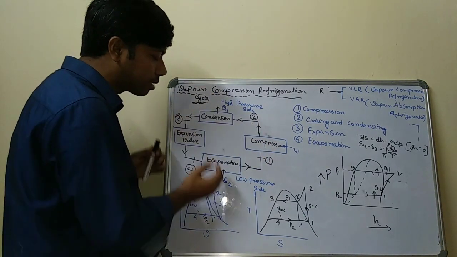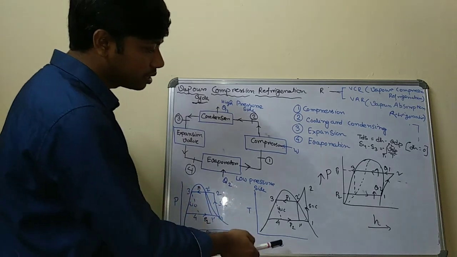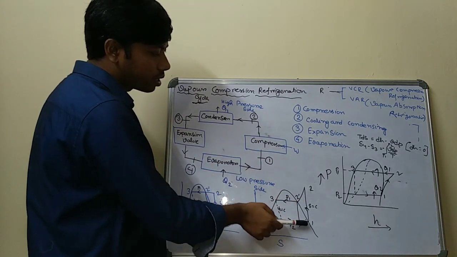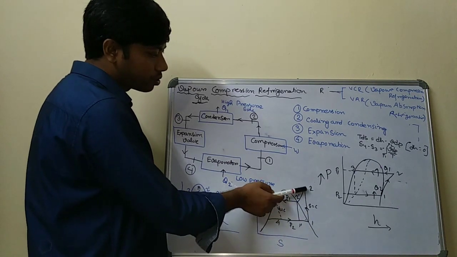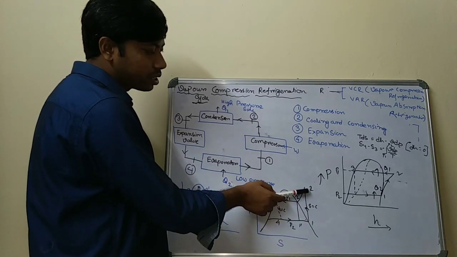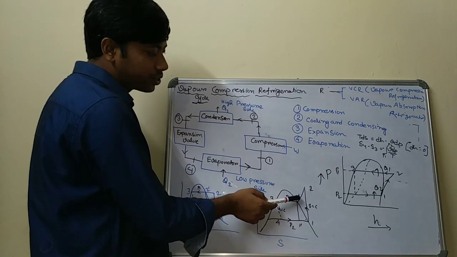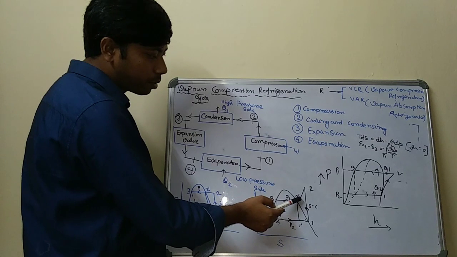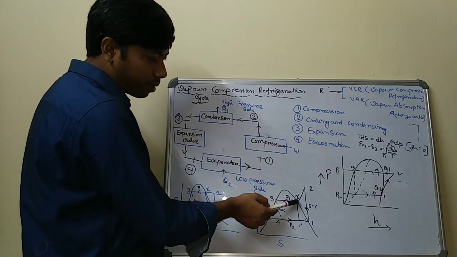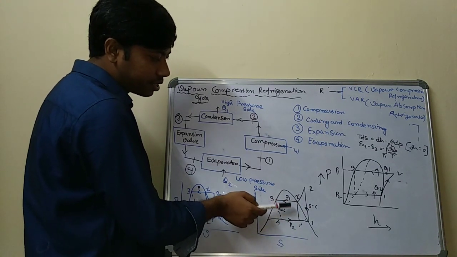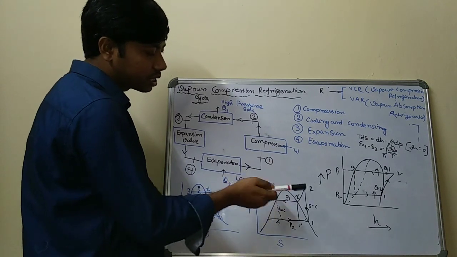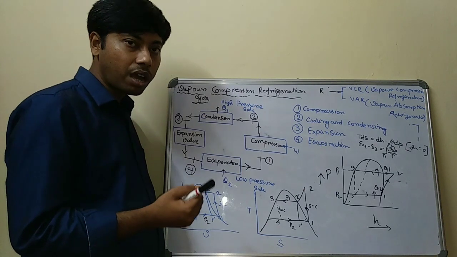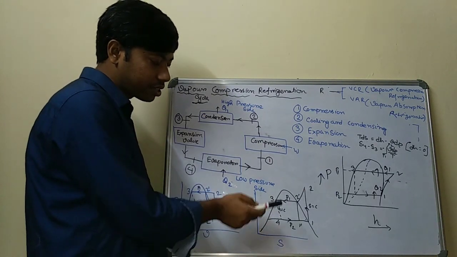If you draw the TS diagram corresponding to this phenomenon, you can see that 1 to 2 is where the compression process takes place. If it is dry compression, it is 1 to 2, and 1 dash to 2 dash indicates wet compression. Again, it may be 2 to 3, or 2 dash to 3, but the main function is that they reject heat in the condenser and produce liquid refrigerant at state 3.